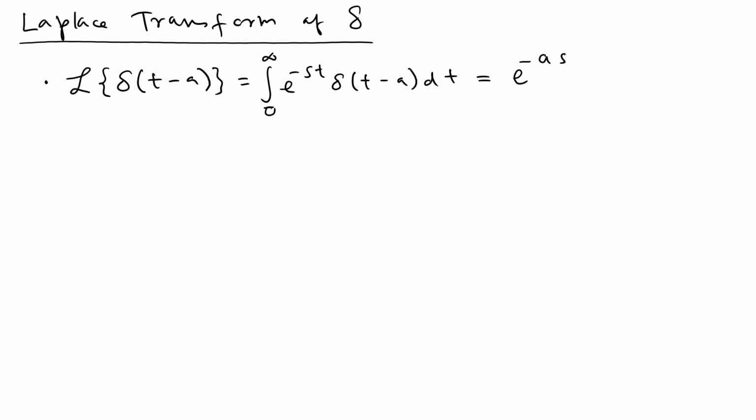So that's the result that we have. Let's put that in a box because this is very important. So the Laplace transform of the Dirac delta function t minus a is e to the minus as, and you can see the proof of this one in the description.